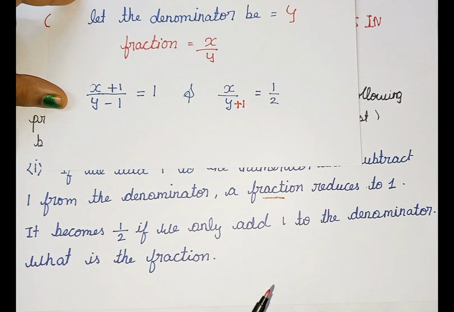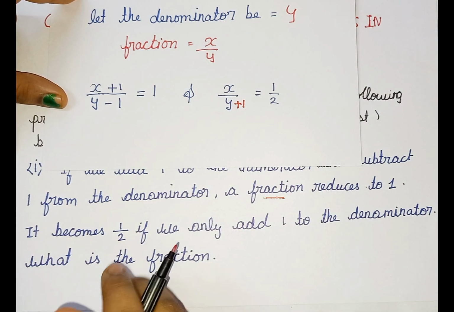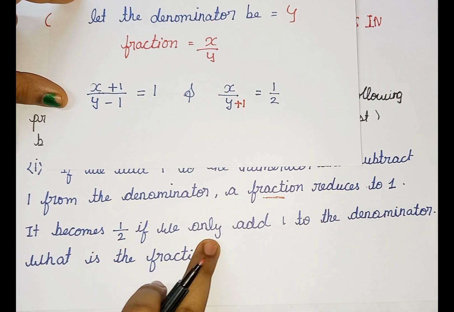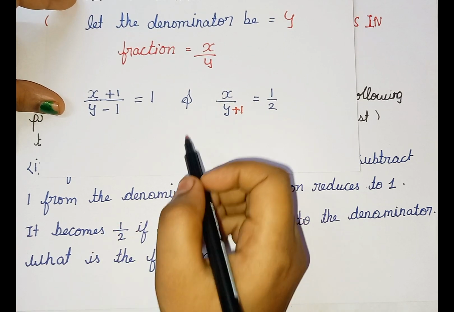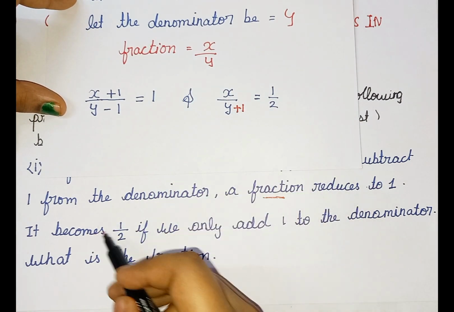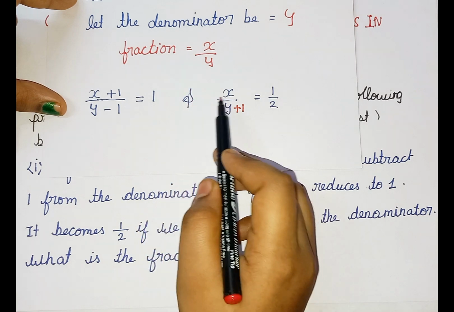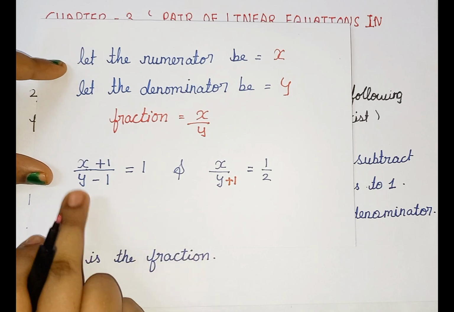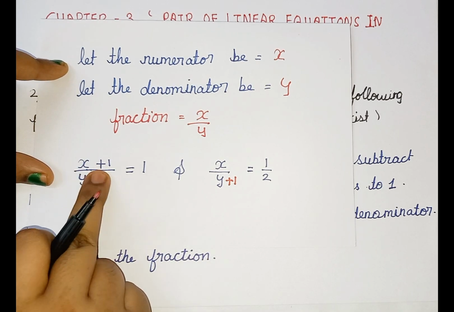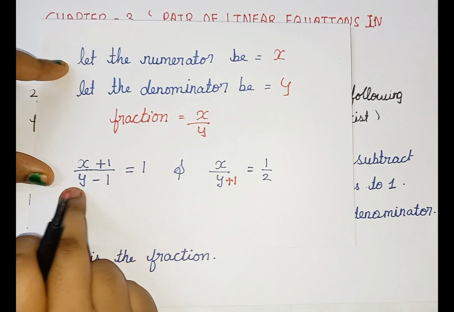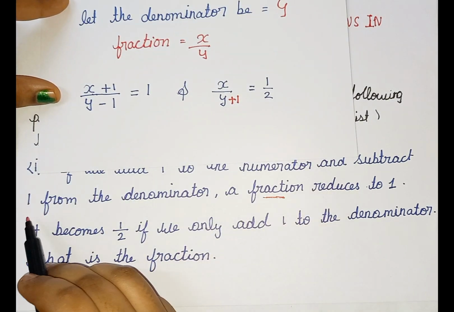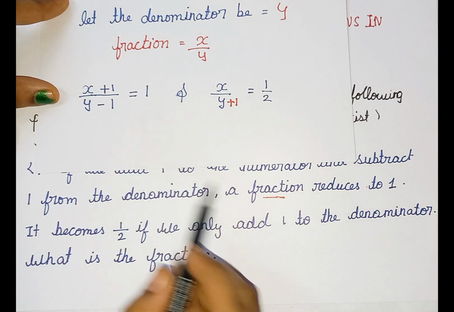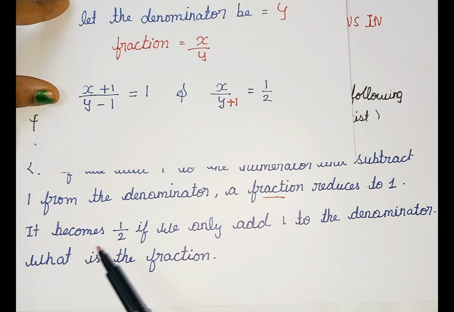Because we add 1 to the denominator. We have a full stop here, and after the full stop we have another sentence, so we write 'and' and then do the next one. So now you know the meaning, right? Remember, if we add 1 to the numerator and subtract 1 from the denominator, a fraction reduces to 1, that is equal to 1, and full stop, and then it becomes 1 by 2.